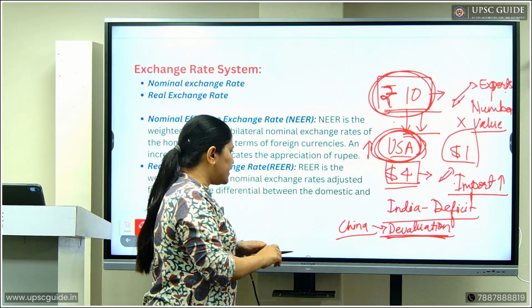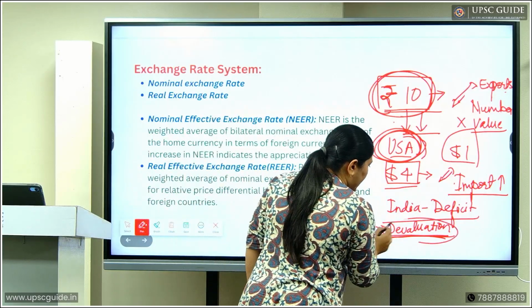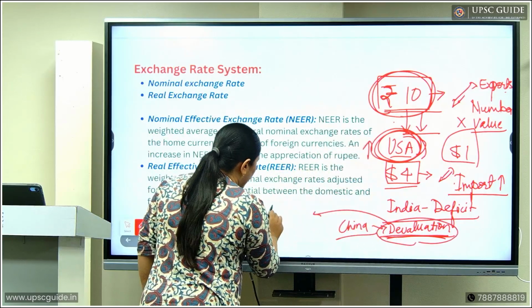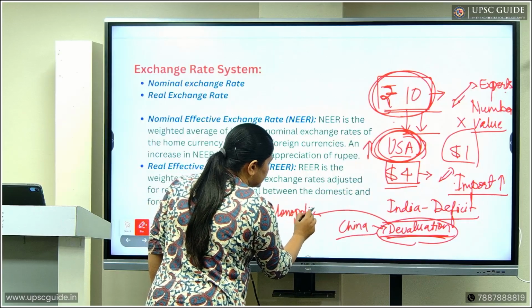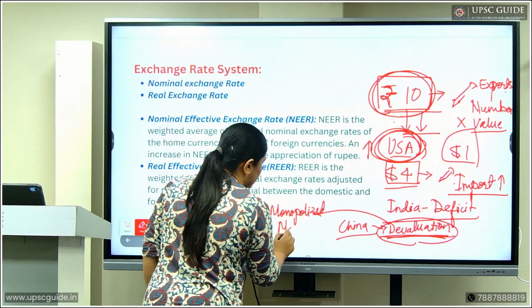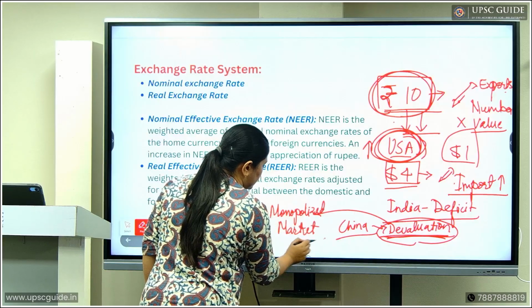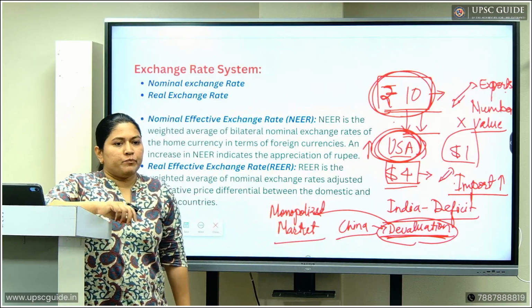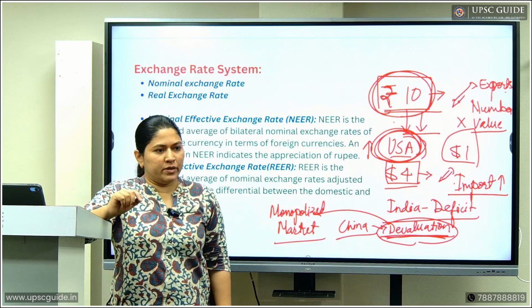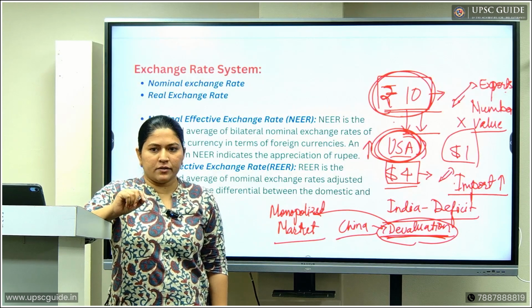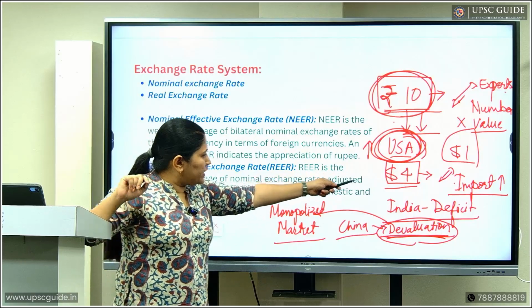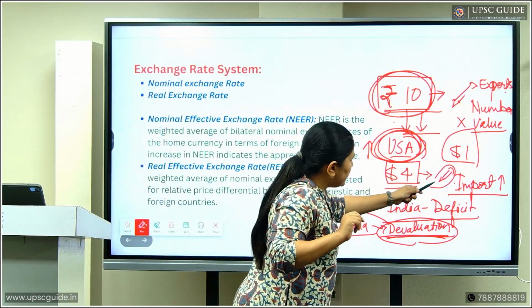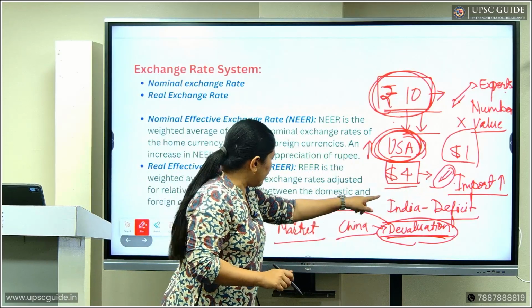And after this devaluation, it will create a monopolized world, monopolized market, because each and every consumer, each and every buyer, who can purchase some particular thing will be purchasing only from China.